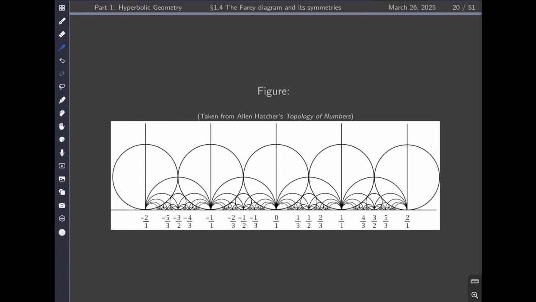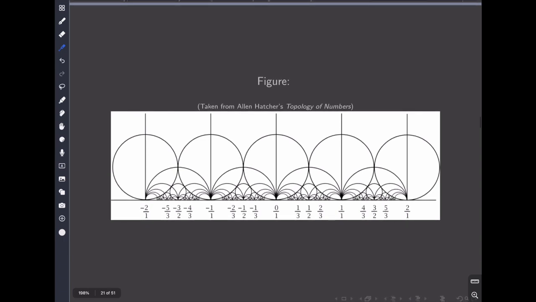Which, if you think in terms of lambda lengths, what we are saying is that if we take two rational numbers, they are adjacent in the Farey diagram precisely if the horocyclic distance between the two associated Ford circles is 0. If you want to do the exercise of thinking in terms of lambda lengths.